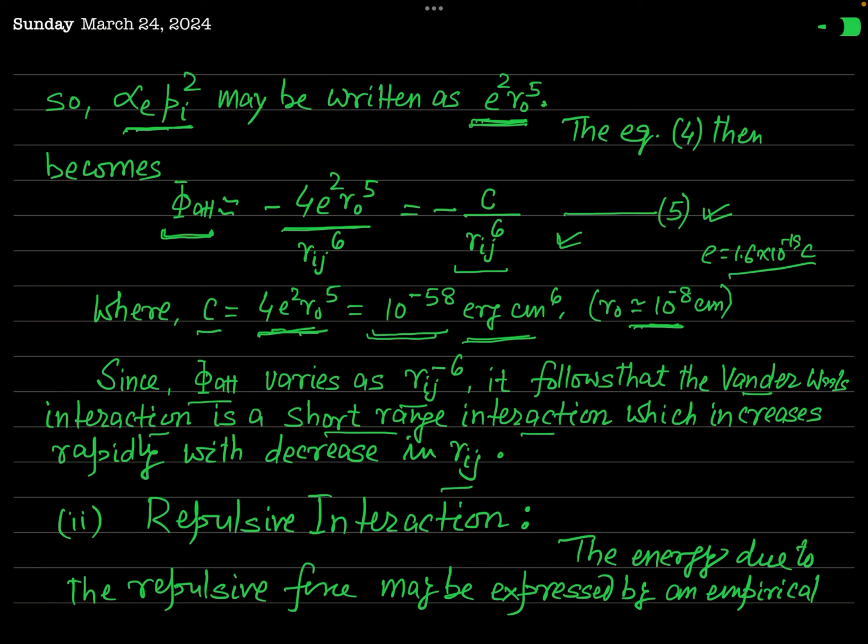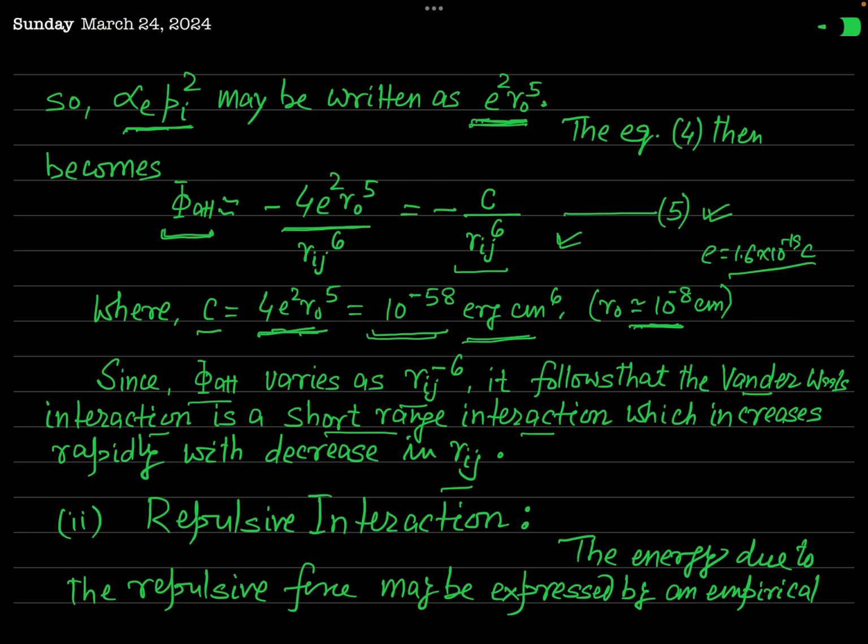That is when the atoms are so close that the electron clouds of the atoms begin to overlap with one another, and the Pauli exclusion principle is violated. Actually, then repulsive interaction takes place between the two atoms. Okay?